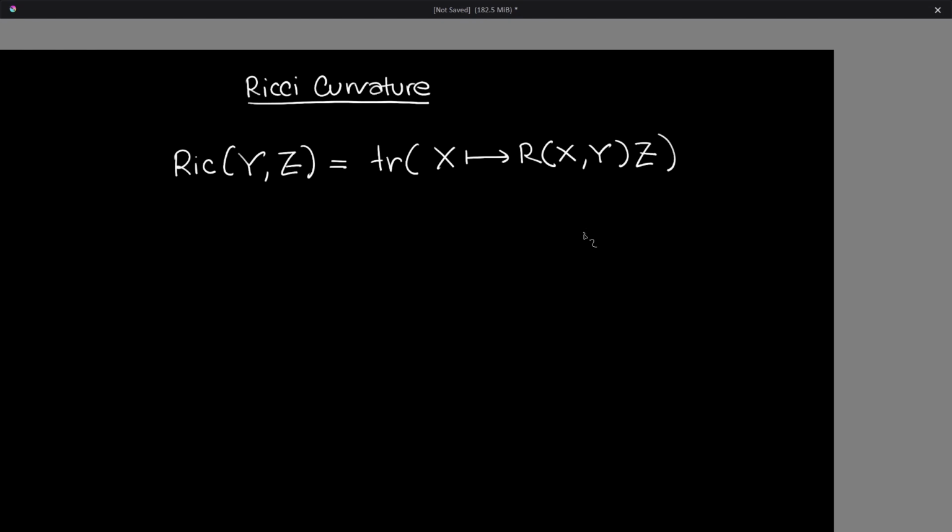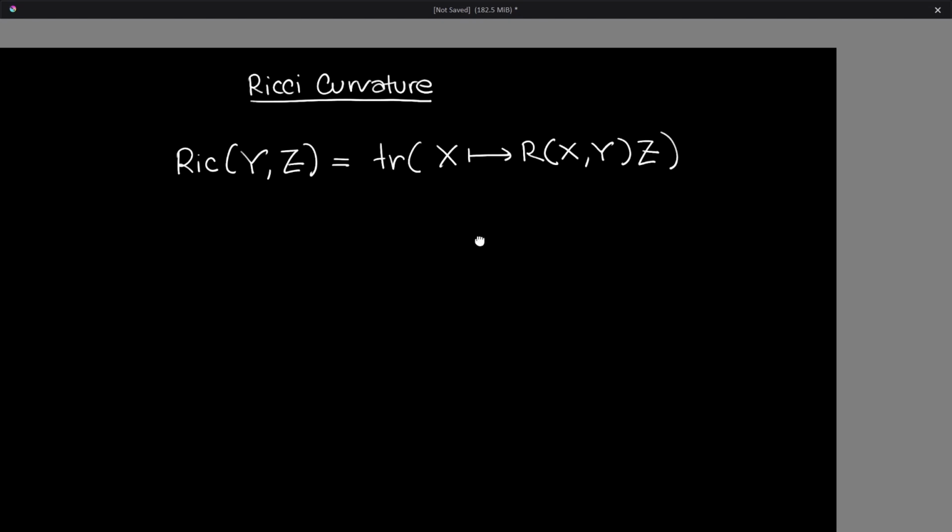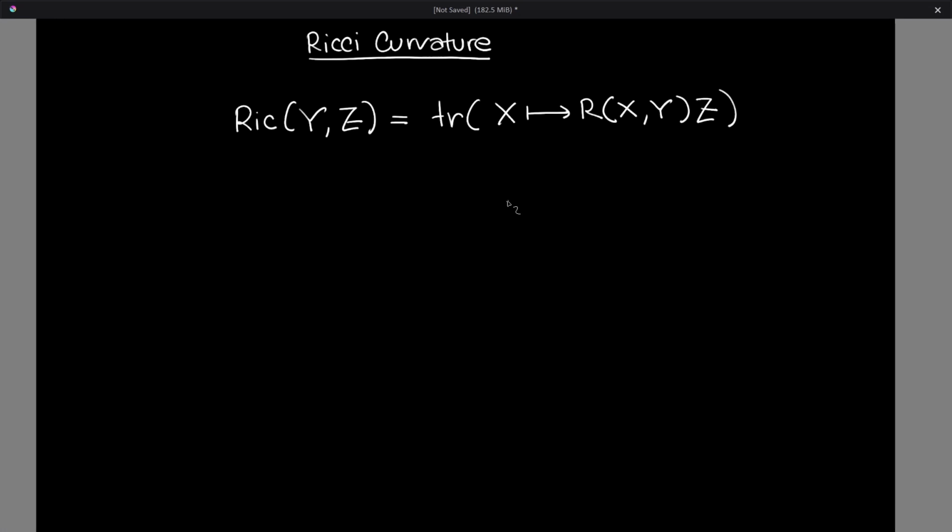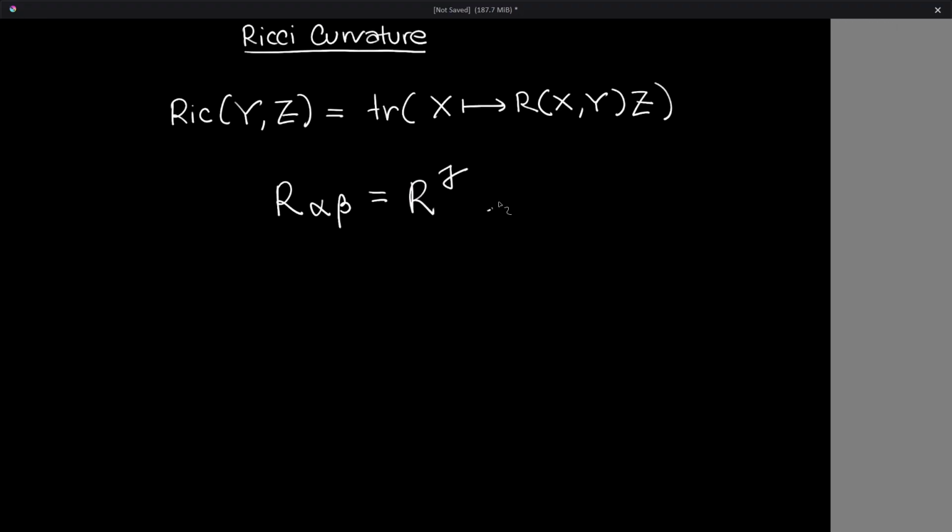In physics, we would usually define this by saying that the Ricci curvature R alpha beta is equal to the Riemann curvature, but with one of the inputs summed over itself, like that. The first and third inputs.